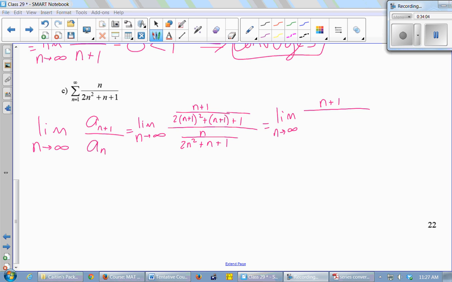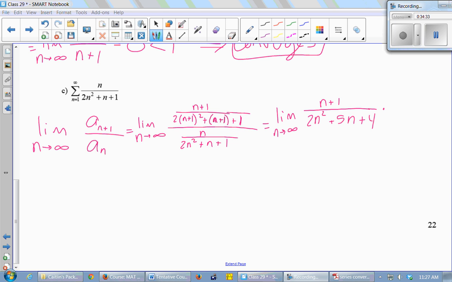And when I distribute my 2, I'm going to have a 2n squared. And then I'm going to look at my n terms. I have 2 times 2n is 4n, plus this n here is 5n. And then in squaring the n plus 1, I get a 1. Distribute the 2 and I get 2, plus another 1 is 4. So that's just the denominator multiplied out and combined like terms.